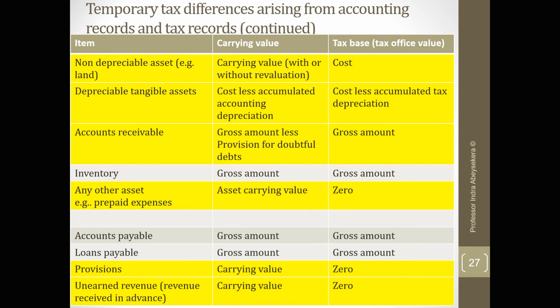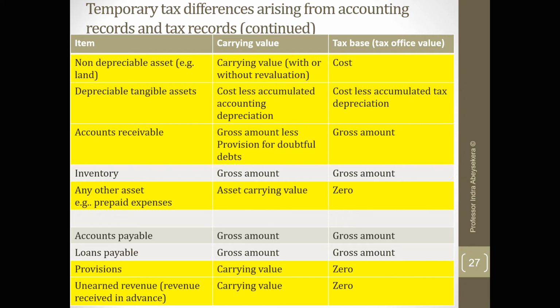Here I'm showing you how these temporary differences can arise for various assets and liabilities on the balance sheet, and how the differences in rules, the two paradigms, accounting and tax, can create these differences.